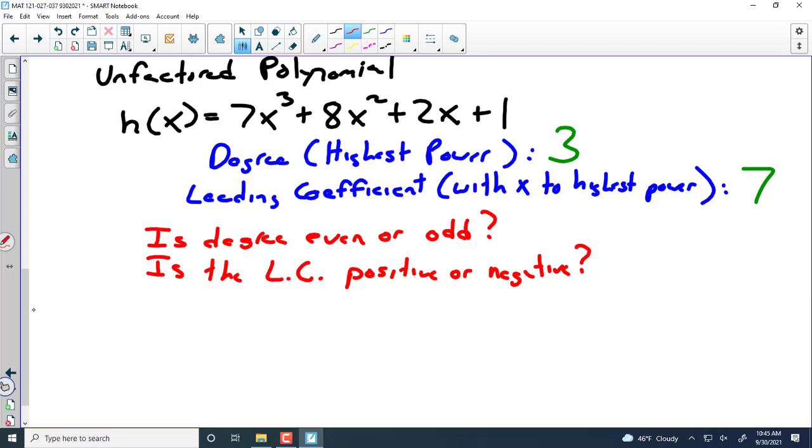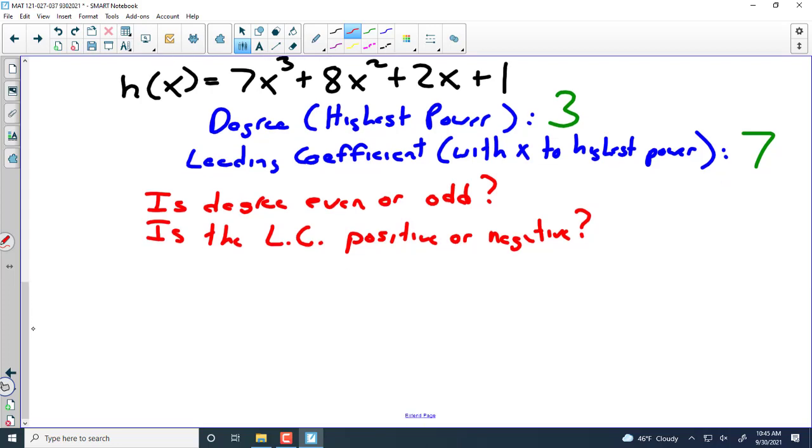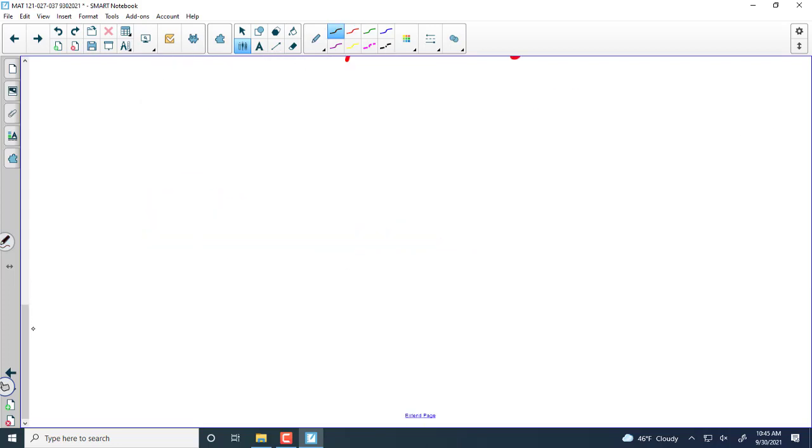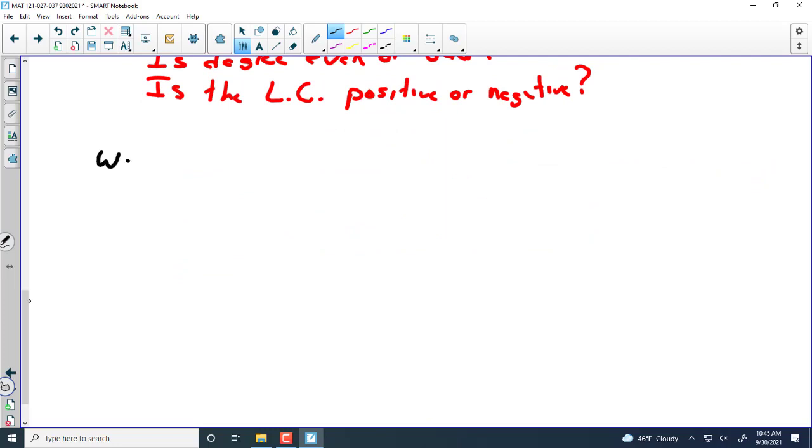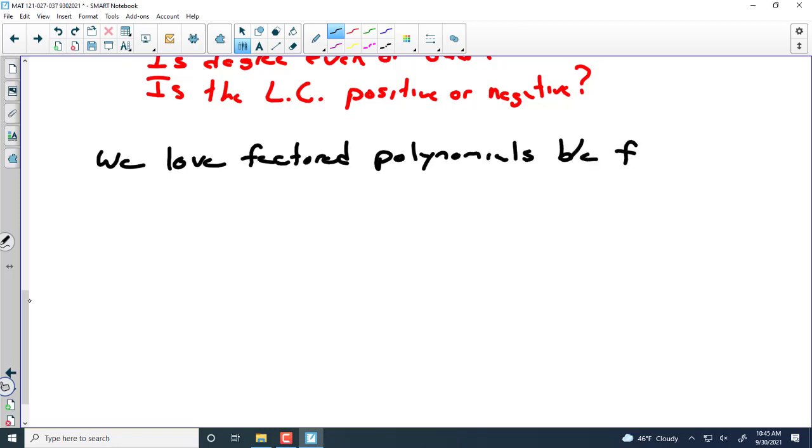So here's the thing that is going to mess us up a little bit. We love factored polynomials, because factoring is the hardest part.